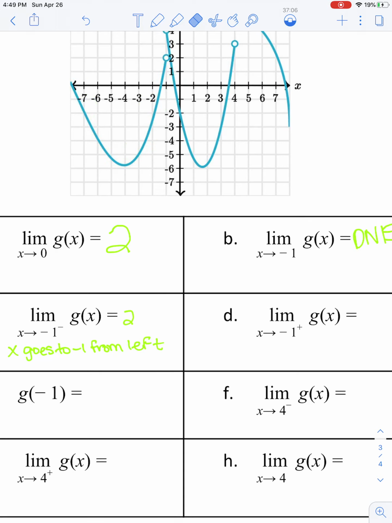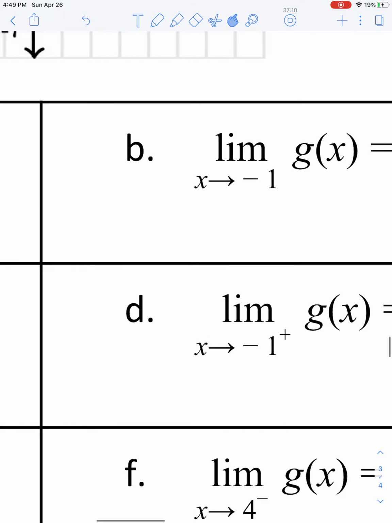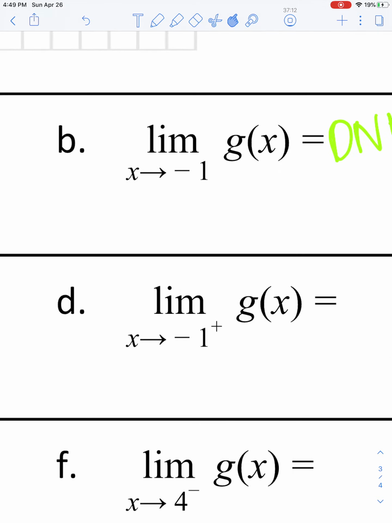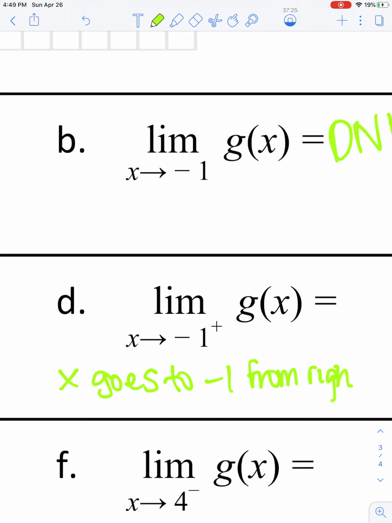In D, notice we have again a little bit of a different notation. Here we're asking what happens as x goes to -1 from the right. Where is our function going? Again, we're looking at these two sides separately, maybe to support the fact that we saw that it didn't exist.